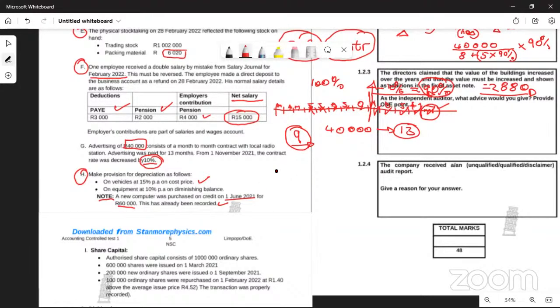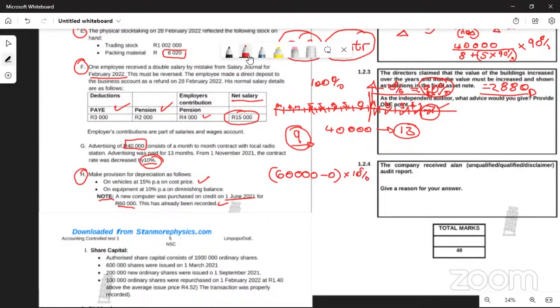For its depreciation, you will take 60,000. Remember, on a calculator, diminishing balance method. I'm starting with the equipment. We are going to minus the accumulated depreciation. When an asset is new, its accumulated depreciation is 0. So we subtract 0, then multiply by the percentage rate, which is 10%.